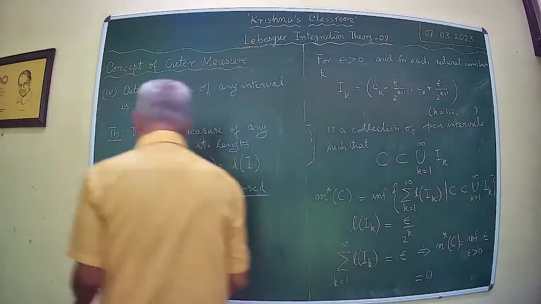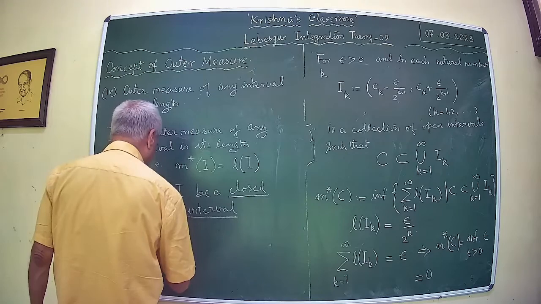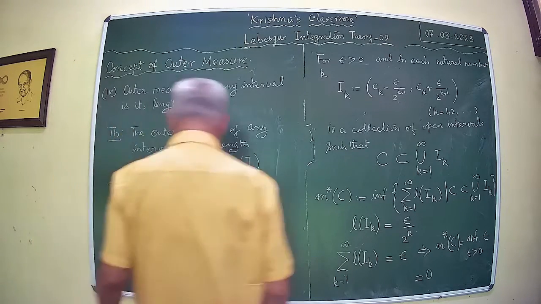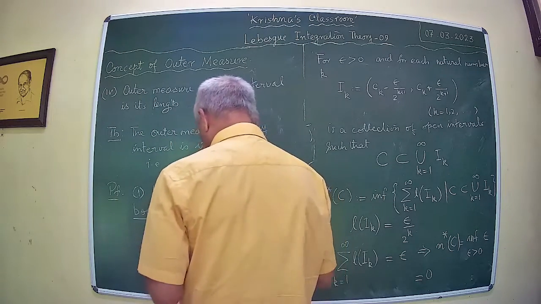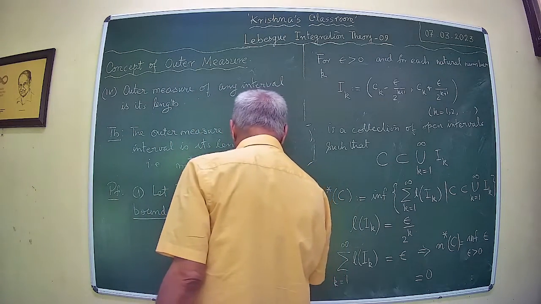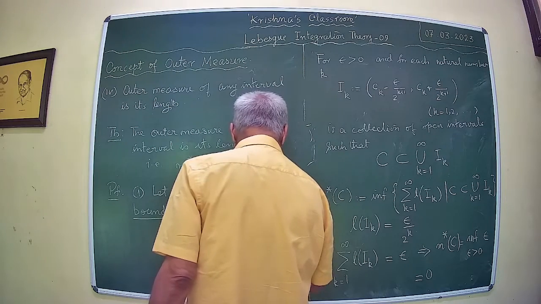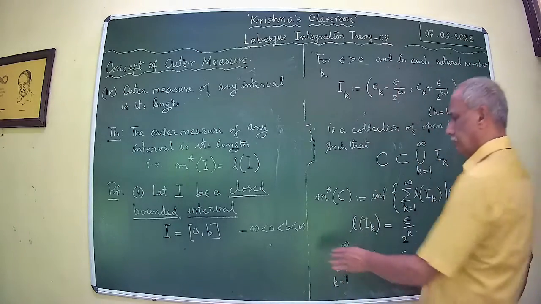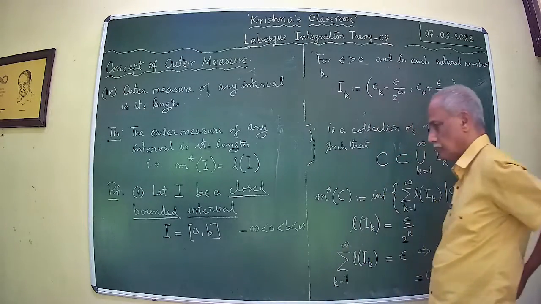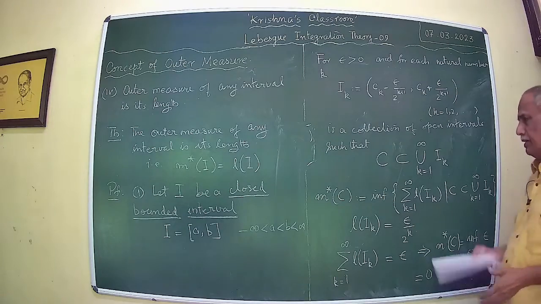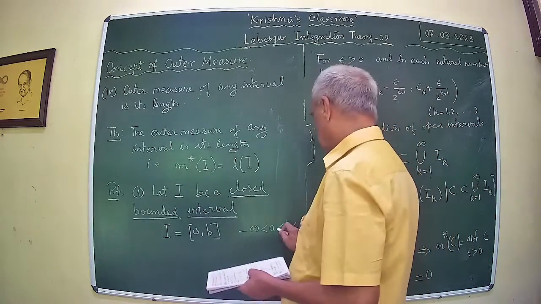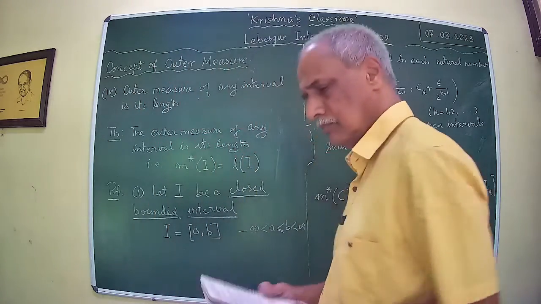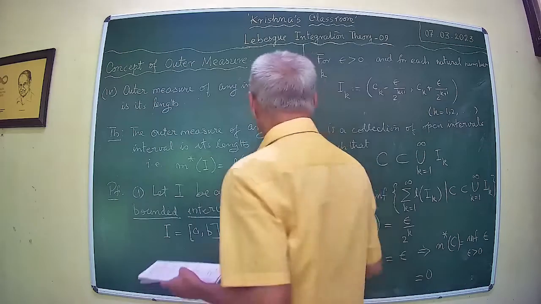That means I is of the form [a, b], where minus infinity is less than a, less than or equal to b, less than infinity.